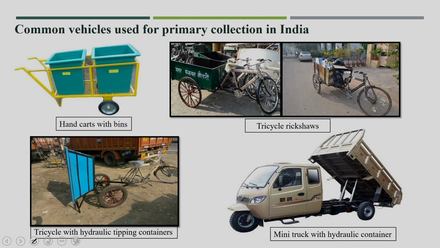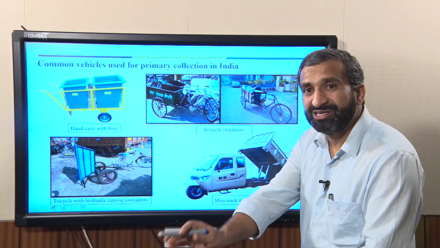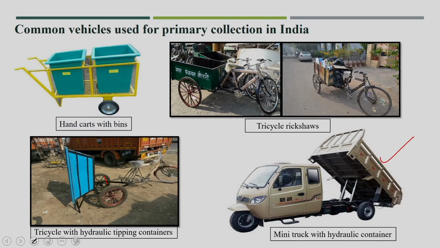And now under the Swachh Bharat Mission, a number of cities have started with the mini truck with hydraulic container. We normally call them auto tippers. Now in that case, if any city has this kind of auto tipper, there is no need to dispose into the dustbin area. These kinds of vehicle can directly reach the transfer station, or if not a transfer station, directly reach the treatment facility.